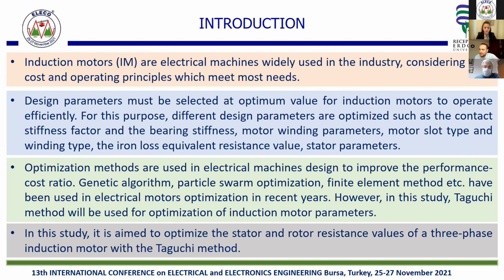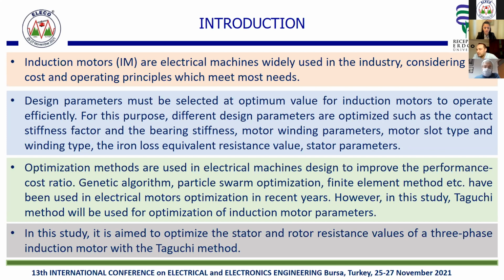In this study, it's aimed to optimize the stator and rotor resistance values of a three-phase induction motor with the Taguchi method. For this, four control parameters which are related to the motor power are selected.